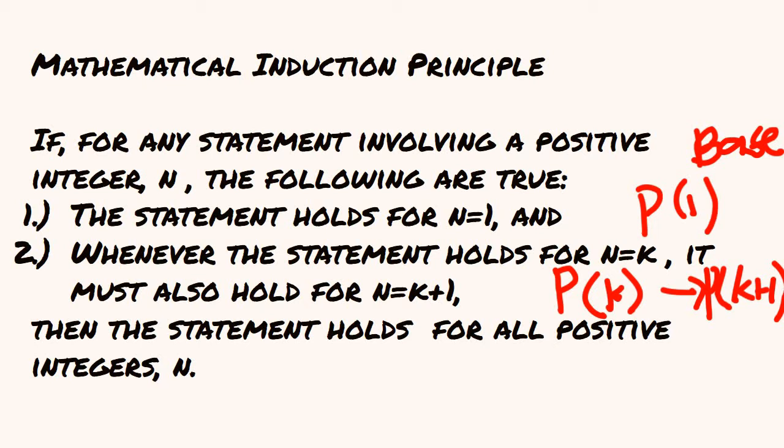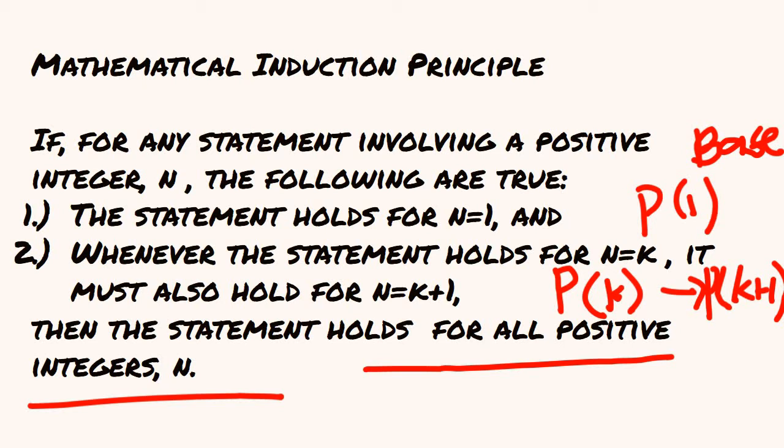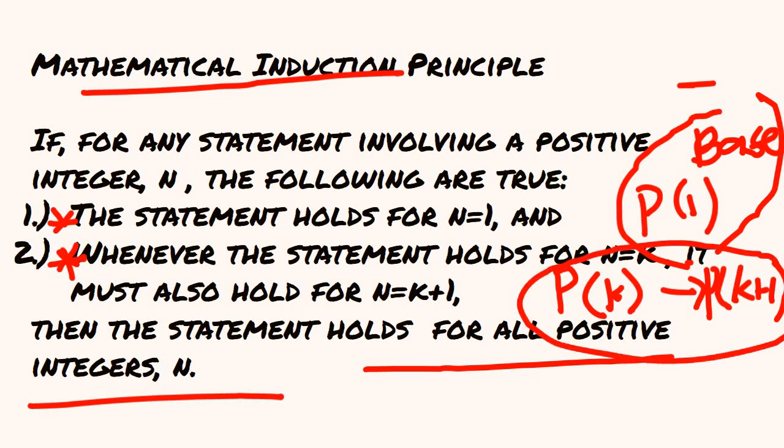Then the statement holds for all n. That is the generalization based on these two properties. Again, this will not be a proof by induction if it does not contain these. It should have the base case and the inductive case, or inductive step.